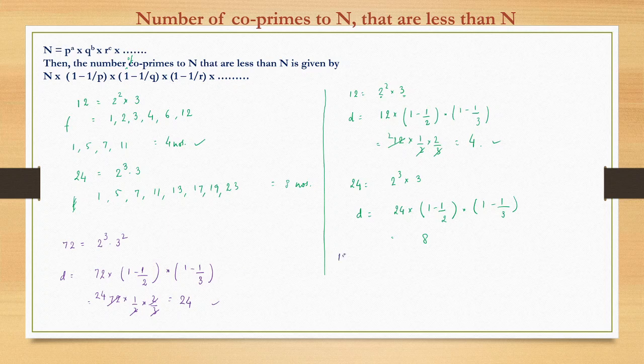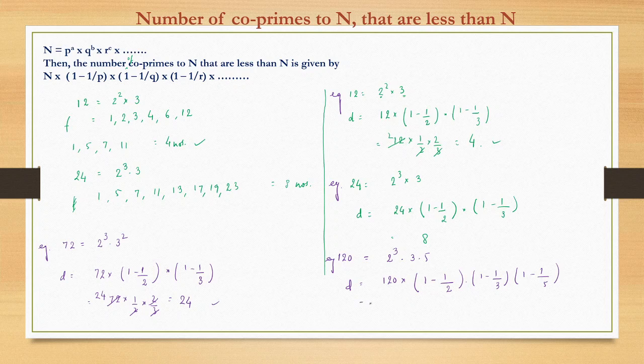Now if we see another example, 120, we can write it as 2 cube into 3 into 5. So the number of numbers which are less than 120 and co-prime to 120 will be given by 120 into 1 minus 1 upon the first prime number, which is 2, then 1 minus 1 upon the second prime number, then 1 minus 1 upon the third prime number here, which is 5.